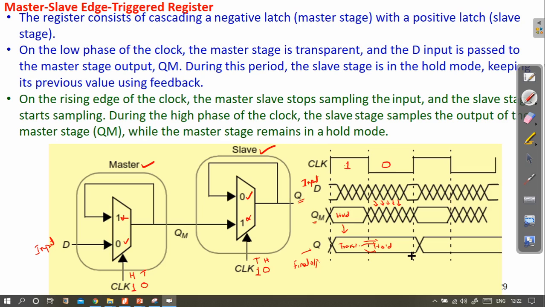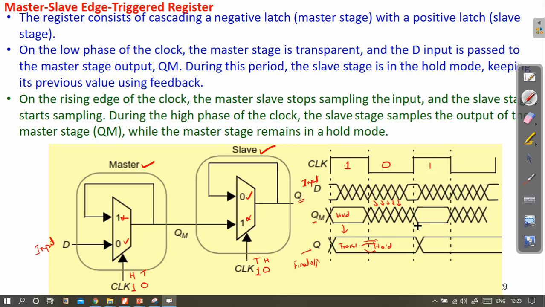Now let's see when again clock goes to 1. Again clock goes to 1. When it is in 1, master is in hold mode, slave is in transparent mode.